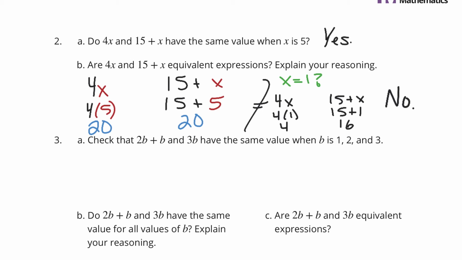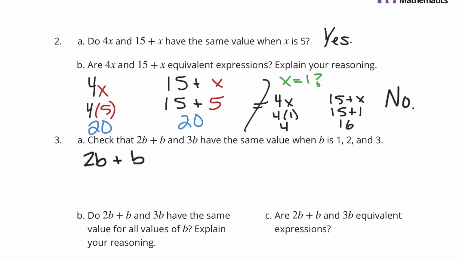And this should become clear as we look at 3 of what exactly an equivalent expression is. Check that 2b plus b and 3b have the same value when b is equal to 1, 2, and 3. Let's look at our 2b plus b.